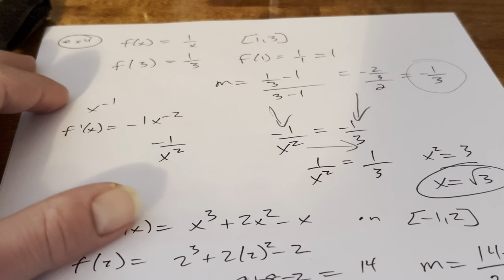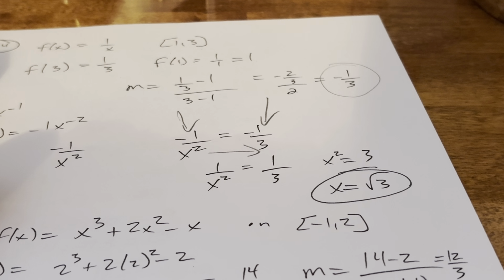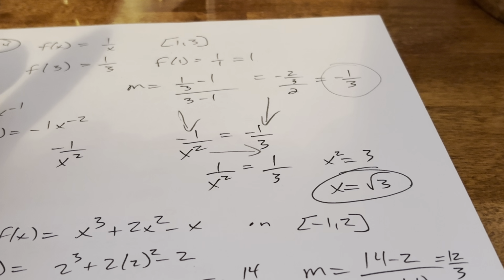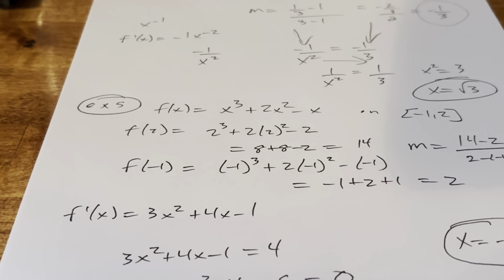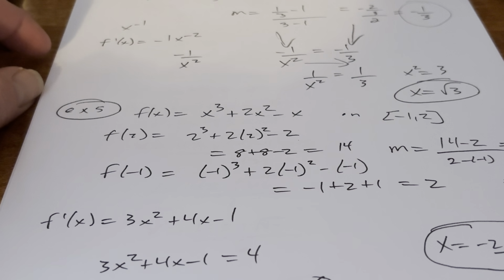I get x squared is equal to 3. I get plus or minus the square root of 3, but the negative version won't count. So x or c is equal to root 3, which is what? 1.73-ish, which is nicely in that interval. The derivative is equal to the slope. The derivative is equal to the slope, mean value theorem.